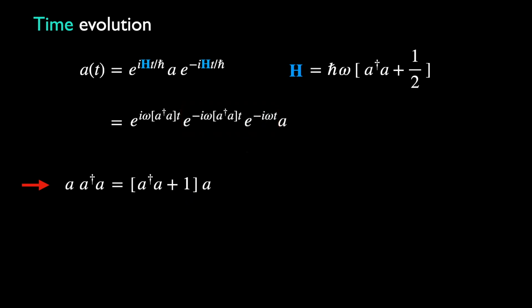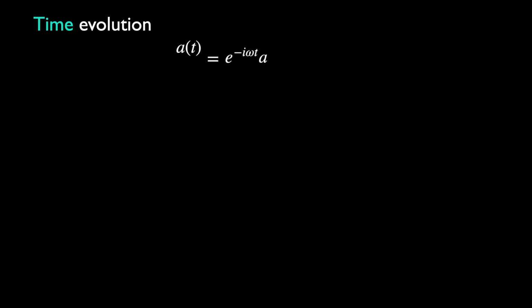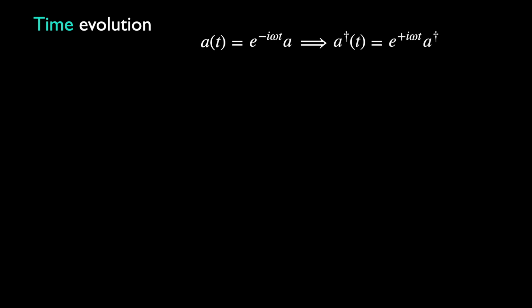Which results in an exponential factor. Taking the Hermitian conjugation of this also gives us the time evolution of the raising operator A dagger. So we can see that both of these operators oscillate with the frequency omega. Thus, omega really is the frequency of the quantum harmonic oscillator, as we have previously assumed through dimensional analysis.